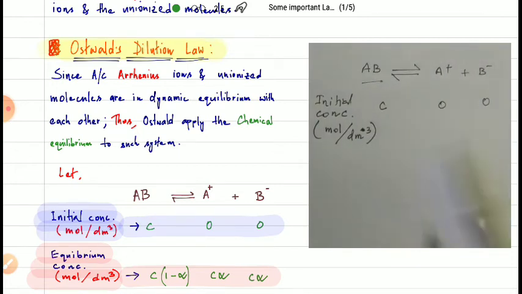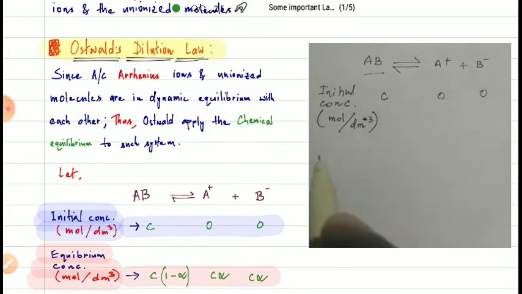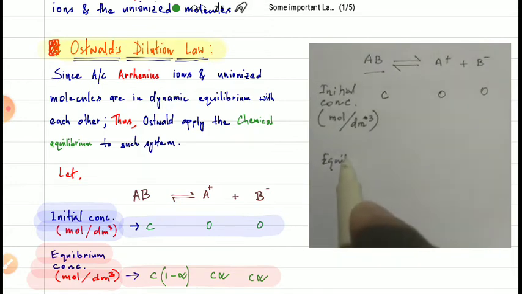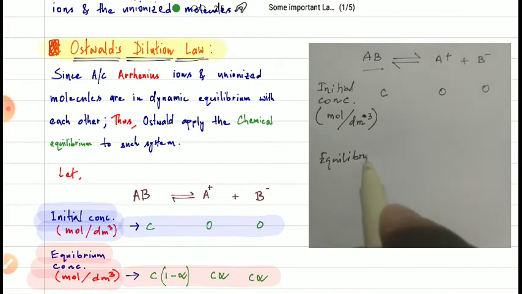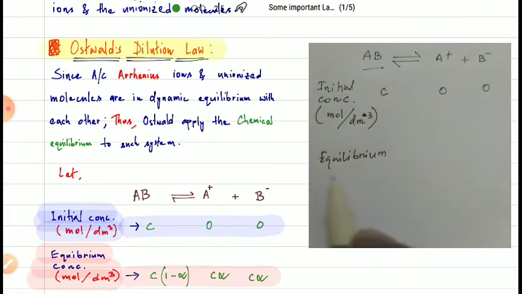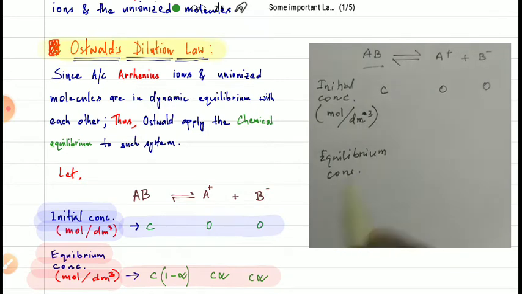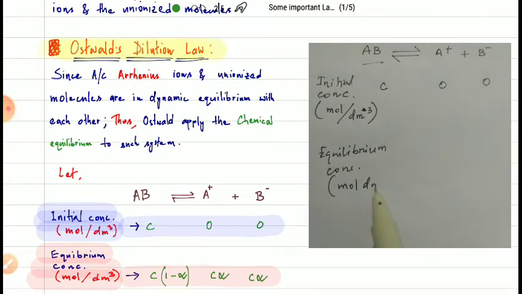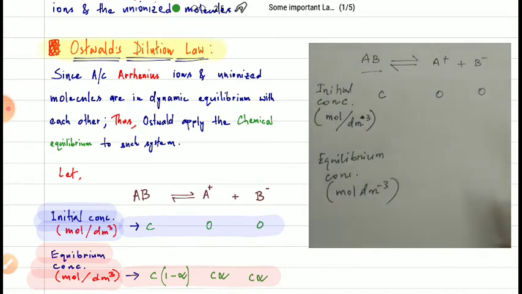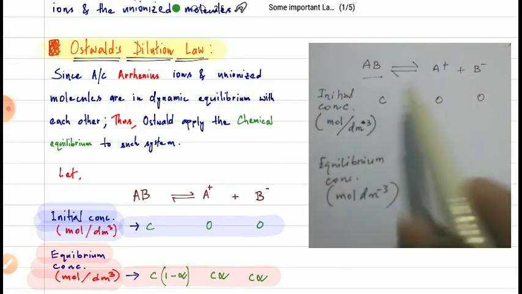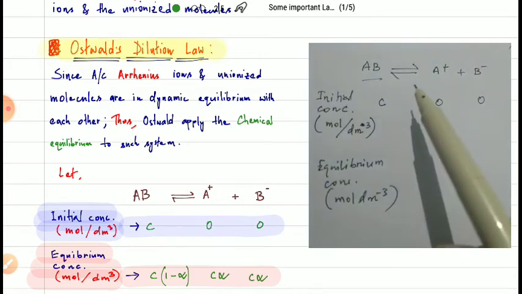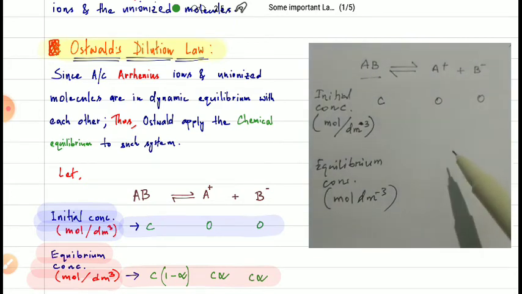At initial time. So let's suppose at the equilibrium position, the equilibrium concentration will also be in moles per decimeter cubed. So at this equilibrium position, the forward rate and the backward rate are equal. Suppose the degree of dissociation is alpha.